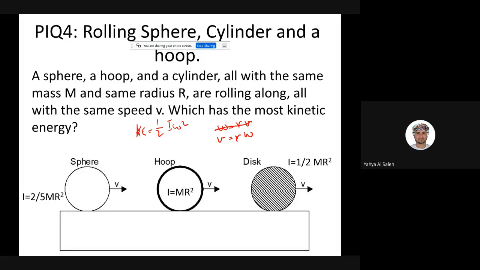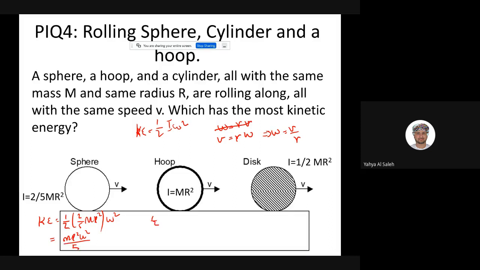No? Well, since they all have the same R, since they all have the same v, this means that omega equals v over R. It's the same for all of them. So for this one, kinetic energy is going to be half I omega squared. So this will be mr squared omega squared over 5.